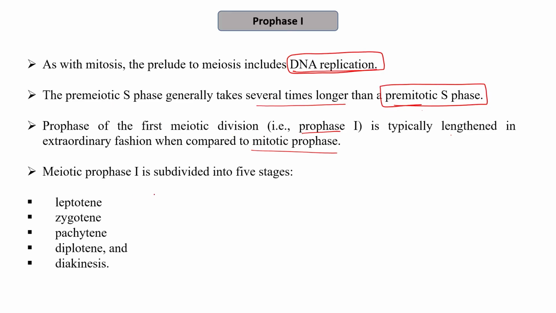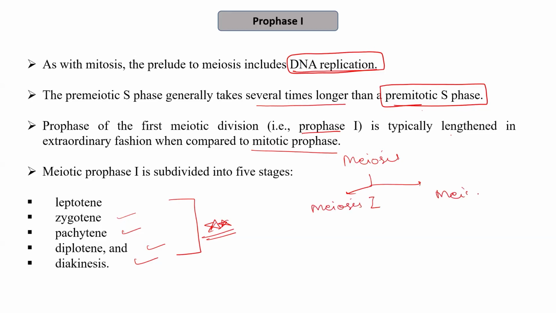Meiotic prophase is further divided into 5 stages: leptotene, zygotene, pachytene, diplotene, and diakinesis. This you need to remember. These are the 5 stages of prophase 1. So meiosis takes place in 2 stages, meiosis 1 and meiosis 2.